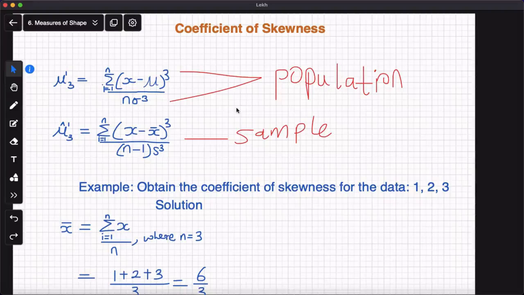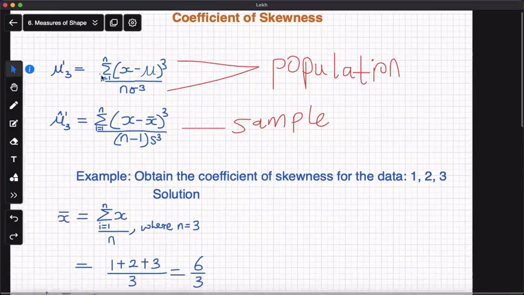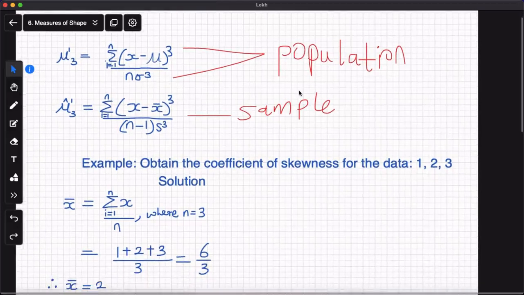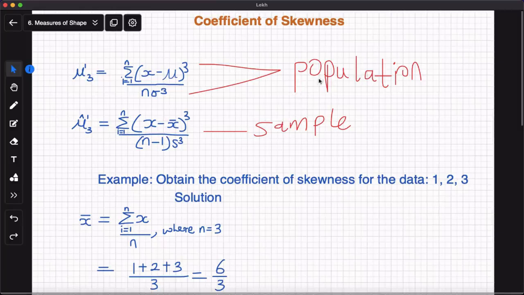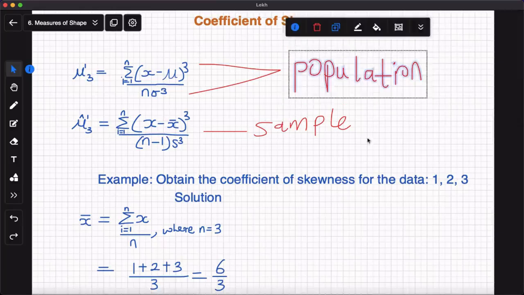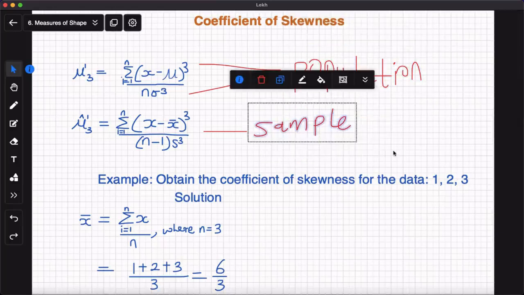So it is always good practice to obtain a coefficient of skewness. We can use any of the formulas that we have here, depending on whether our data is coming from the entire population or from a sample taken from the population.